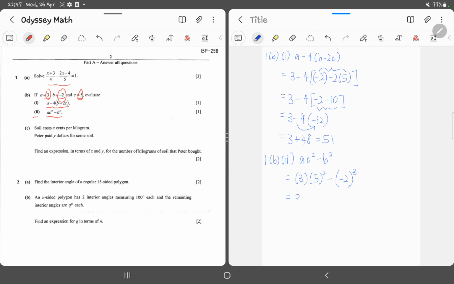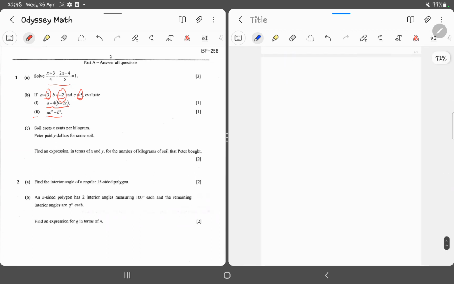So 3 times 5 squared is 25. Minus 2 whole thing cubed, if you key in your calculator, is minus 8. So 3 times 25, we do the multiplication first, is 75. Minus and minus mean is plus, and then we have our 8 here. So this is 83, and we are done with 1B part II.